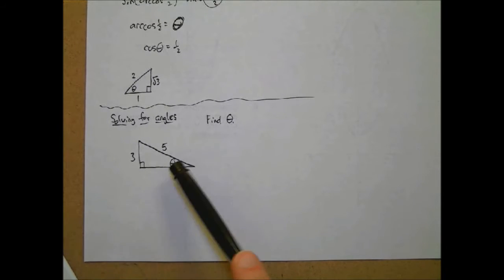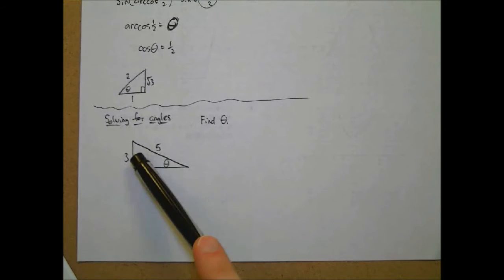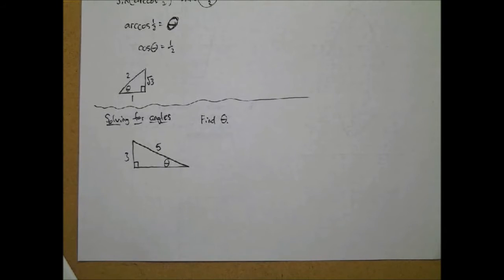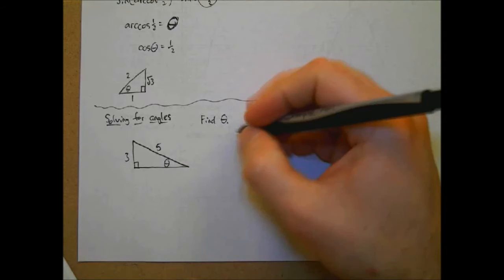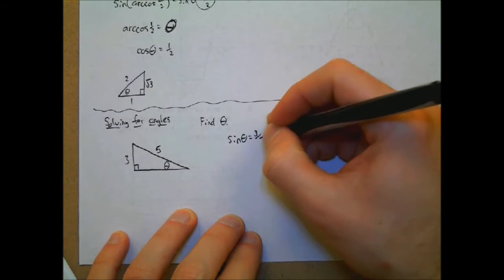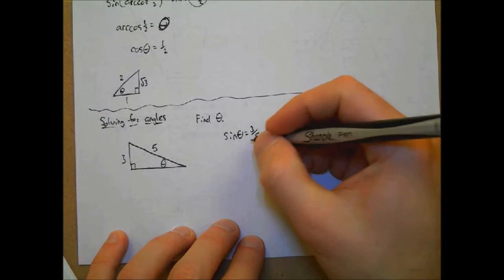We have the opposite leg to angle theta, and we also have the hypotenuse. So what trig ratio relates opposite leg and hypotenuse? Sine does. And so we'll say sine of theta equals 3 over 5. And then to get theta by itself here, we'll do sine inverse of both sides.